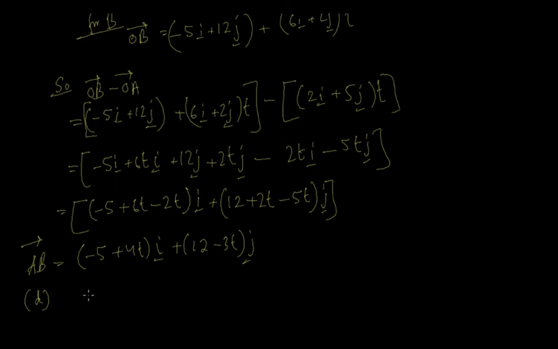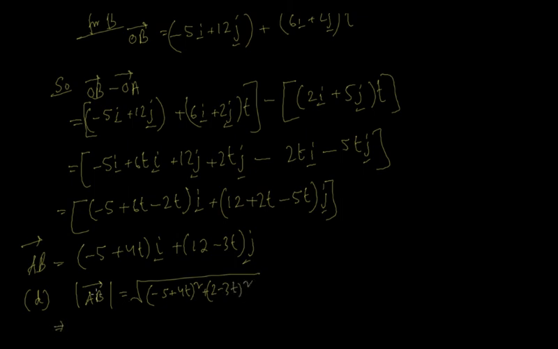If I call AB the displacement, then the absolute value of AB is going to give me the square root of minus 5 plus 4t whole squared plus 2 minus 3t whole squared.